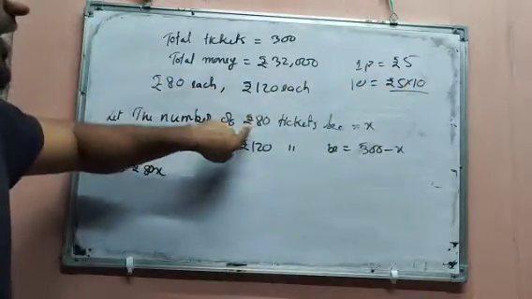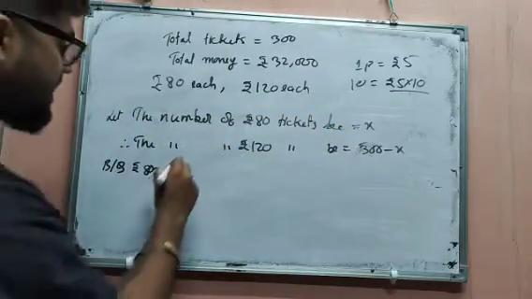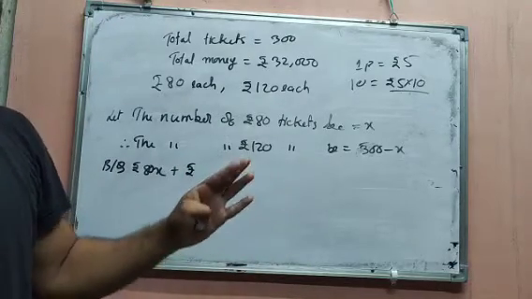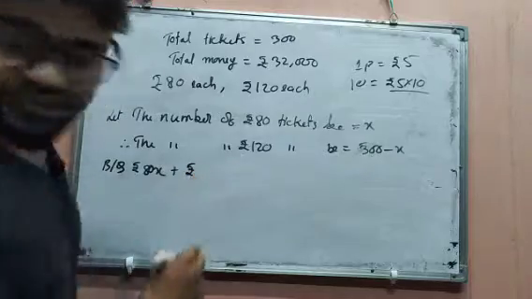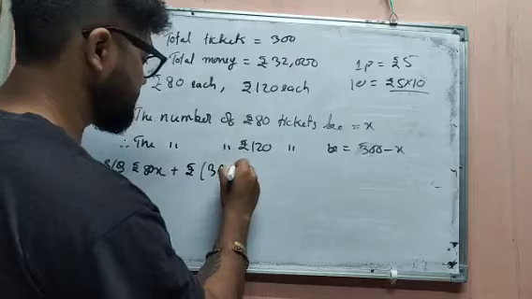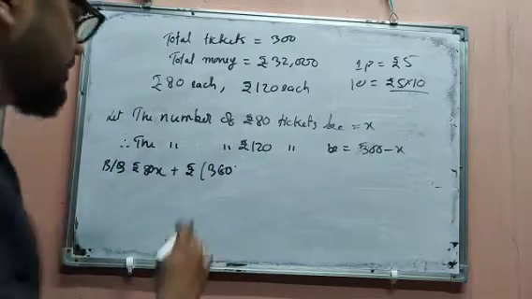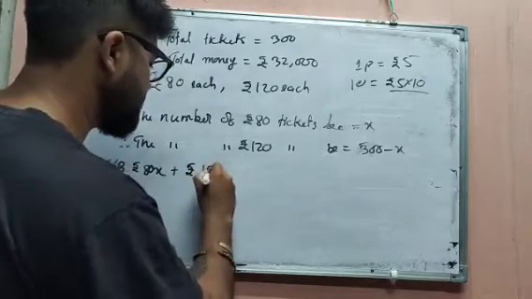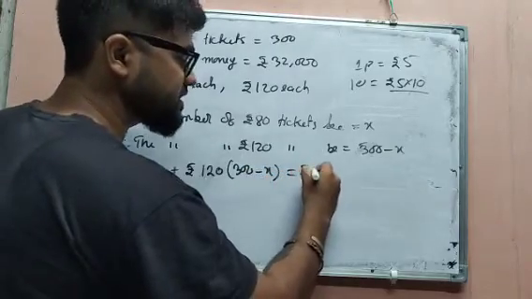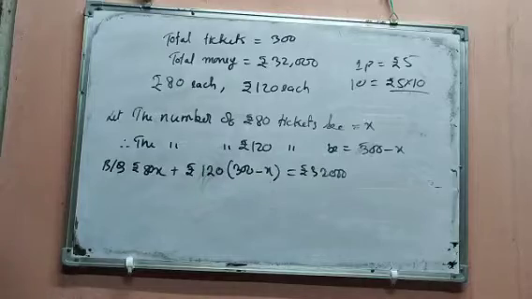Similarly, one ticket costs 80, so x tickets will cost rupees 80x, plus rupees 120 into 300 minus x. This will be equal to rupees 32,000, because the sum of these two amounts is always 32,000, as given.